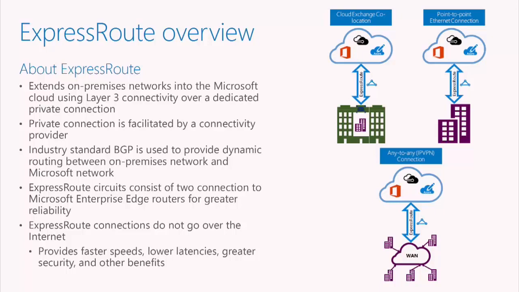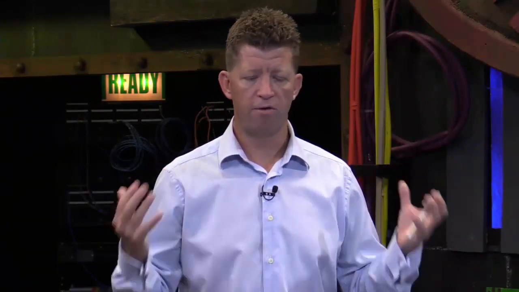So if you're concerned about, for example, security, you don't want your data within a VPN routed over the public internet with everyone else's traffic, ExpressRoute ensures that your connections are truly private. There's no one else's data on those connections but your own.